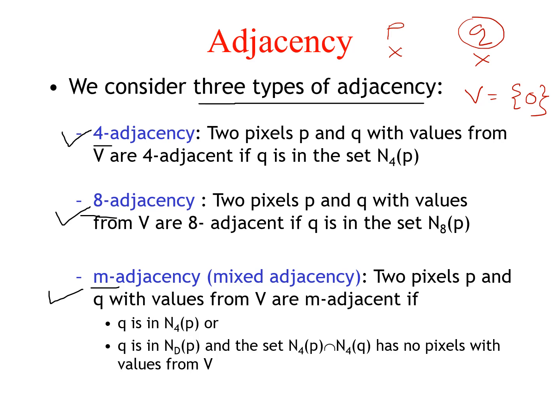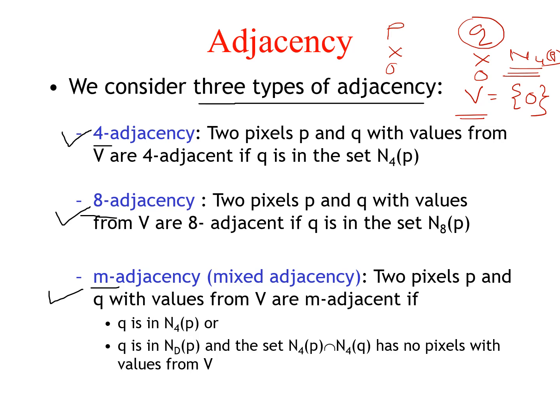First thing we have to check is whether Q is in N4(P), means whether Q is either a vertical neighbor or horizontal neighbor of pixel P, and it satisfies the criteria here. So if both the values are 0 and Q is in N4(P), then only we can say that Q is connected to P and it has a 4 adjacency.